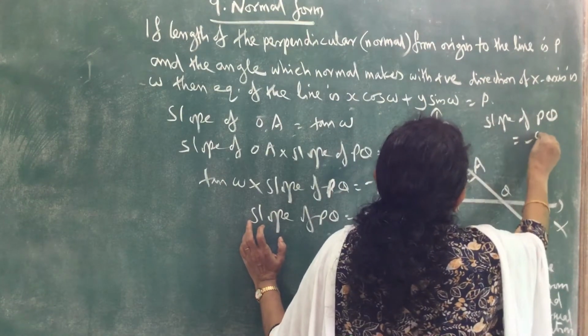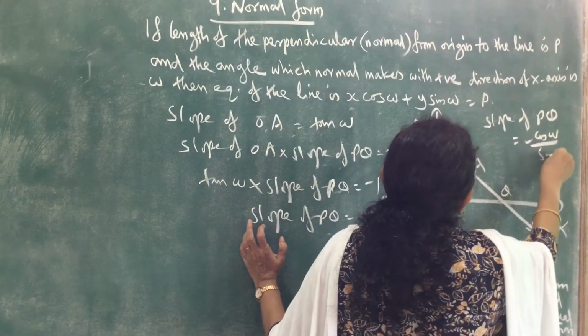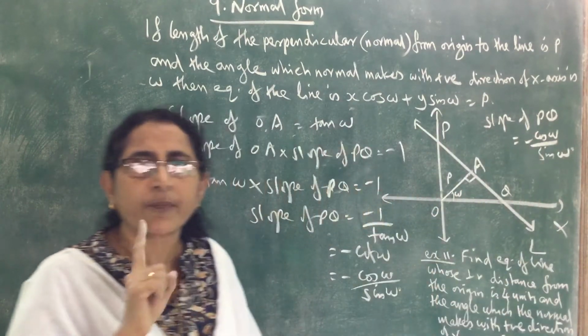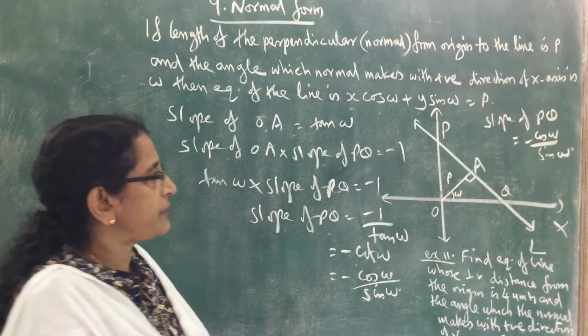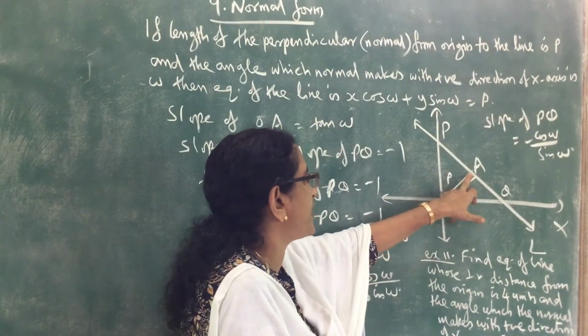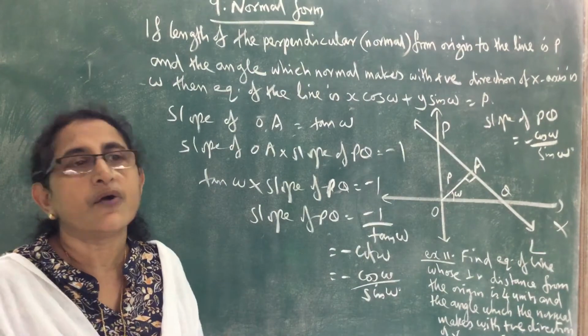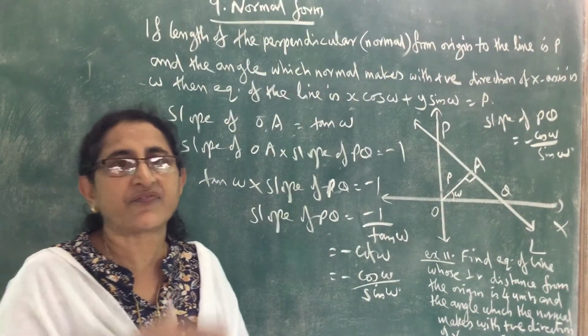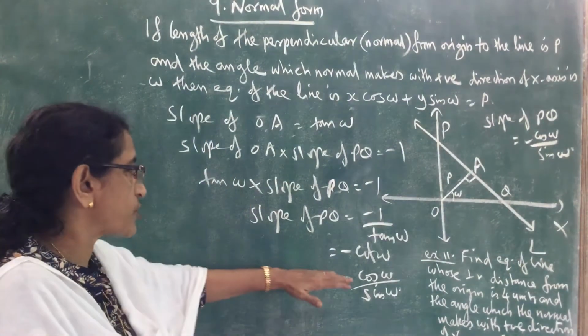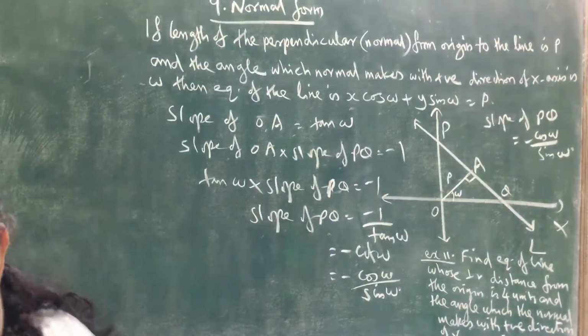Now we want to find one more point on the line. That we can find, the coordinates of point A. So we got slope. Now we can find the coordinates of A.